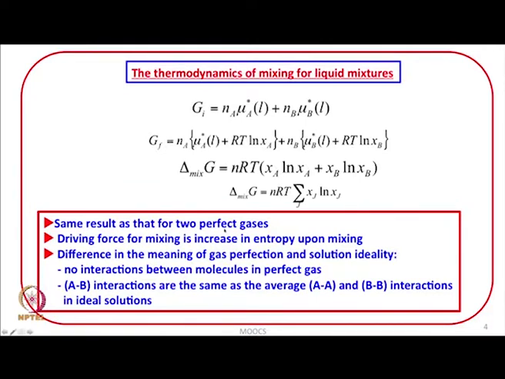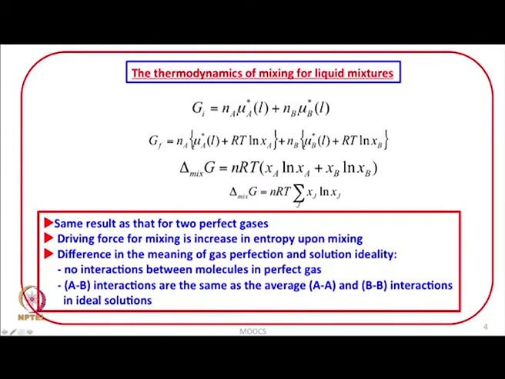Let us look at the comments. This is the same result as that for two perfect gases. And here also the entropy of mixing will have the same form as for the gases, and enthalpy of mixing will also turn out to be 0.